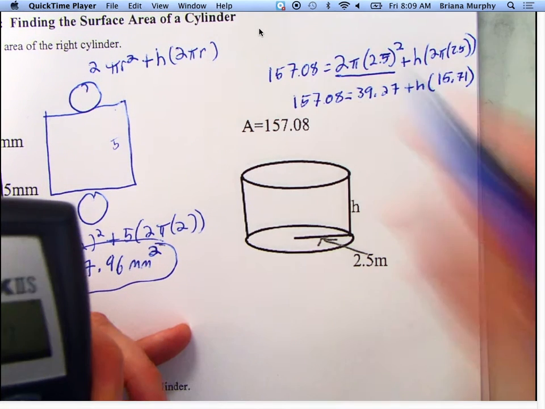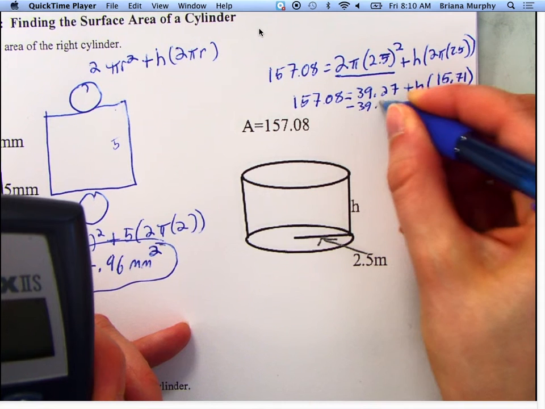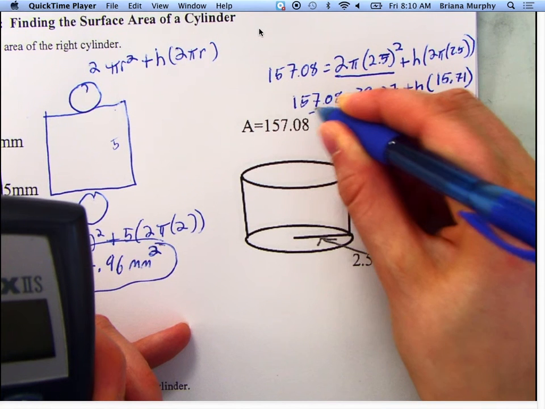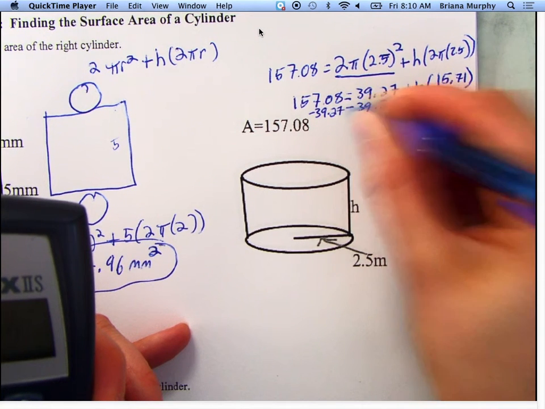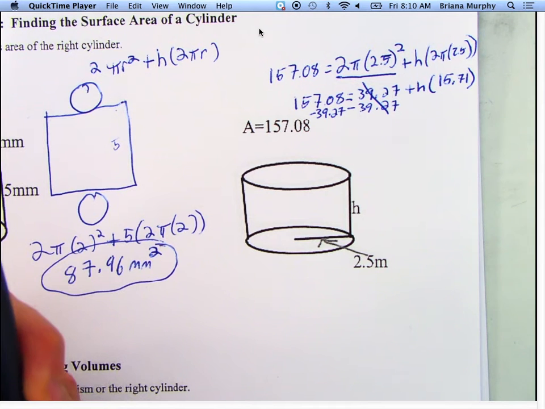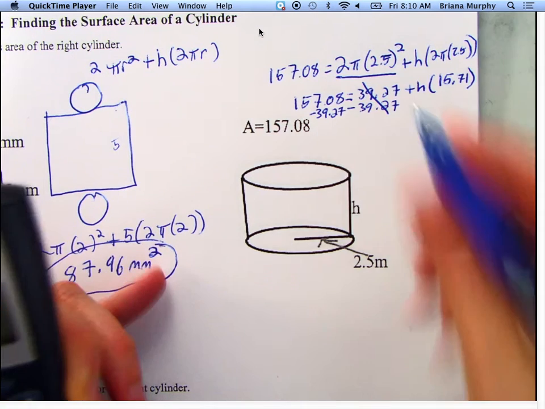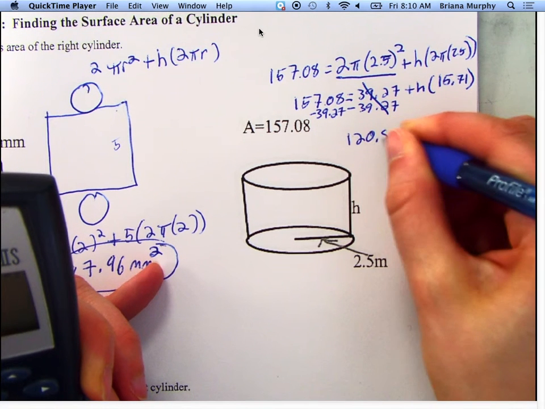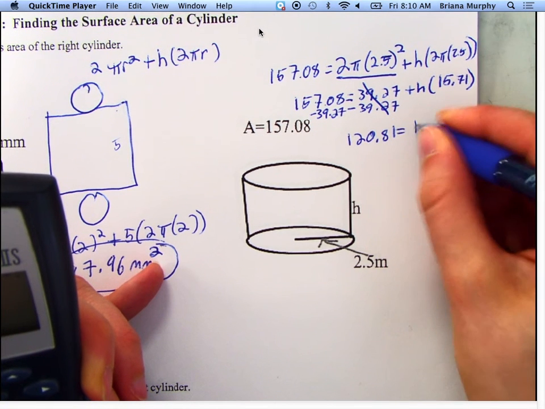Now I'm going to subtract 39.27 from each side. These cancel. So I get 157.08 minus 39.27, giving me 120.81 equals h times 15.71.